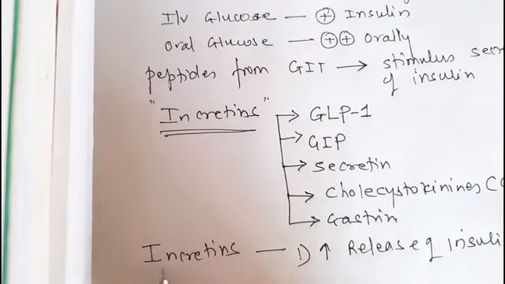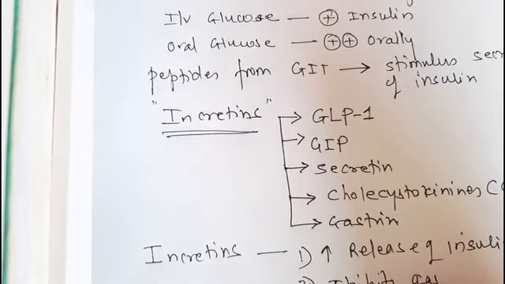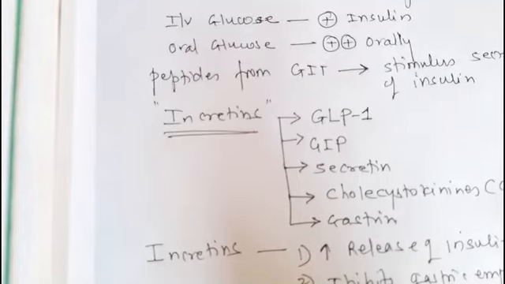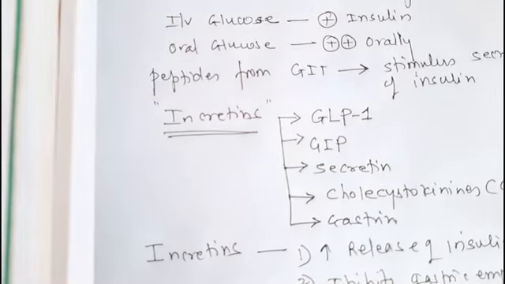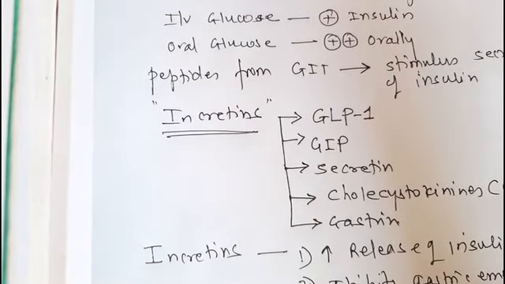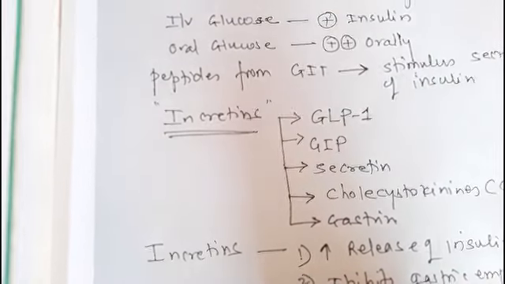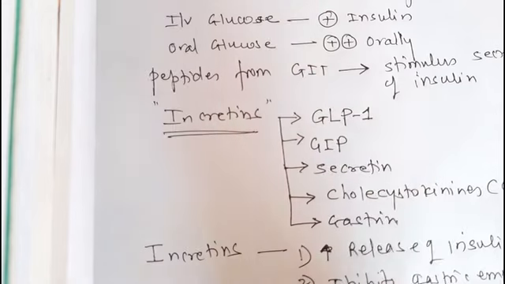Second, they inhibit gastric emptying. So the gastric emptying is inhibited, the food remains in the stomach for more time, and that also helps in the digestion of the food and release of insulin.